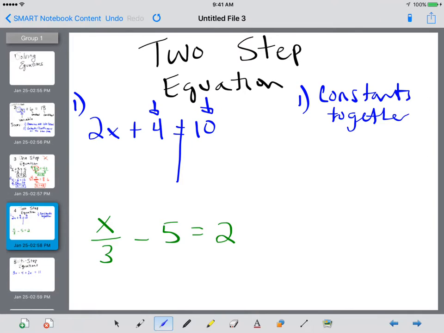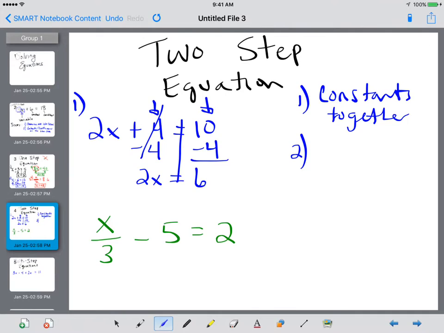So to move a positive 4 to the other side of the equation, I'm going to subtract it. Because 4 minus 4 zeroes it out here. And because of the equal sign, what I do on the left side, I have to do on the right. 10 minus 4 is 6.